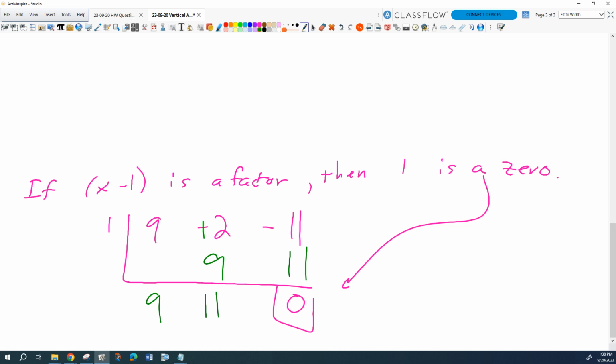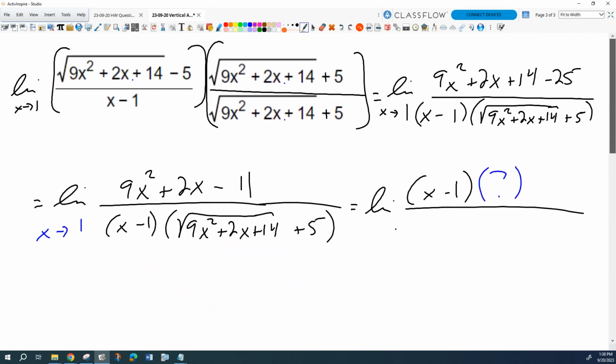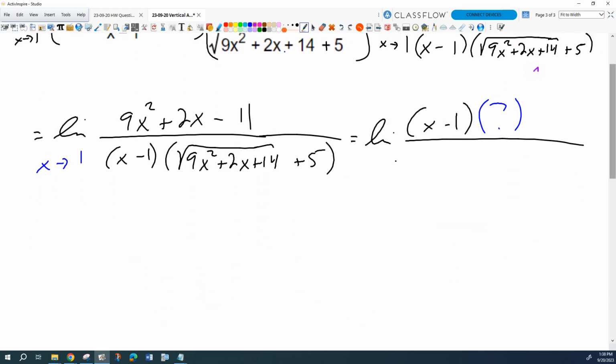So what's that tell me then? That tells me that my other factor is 9x plus 11, right? From going back to our knowledge of how to use synthetic division. So 9x plus 11 is the other factor. That's what's going to go there. And again, we could have just factored that.